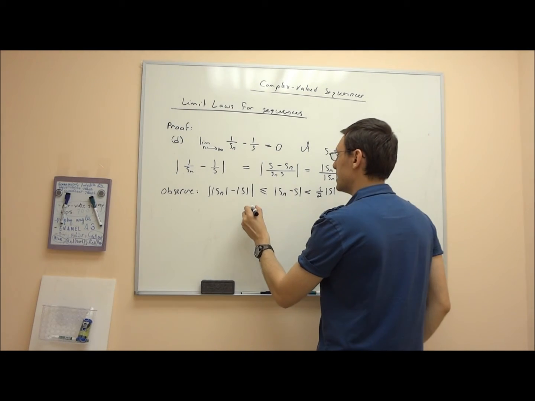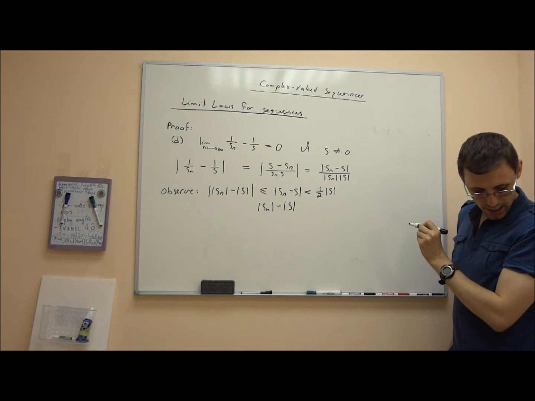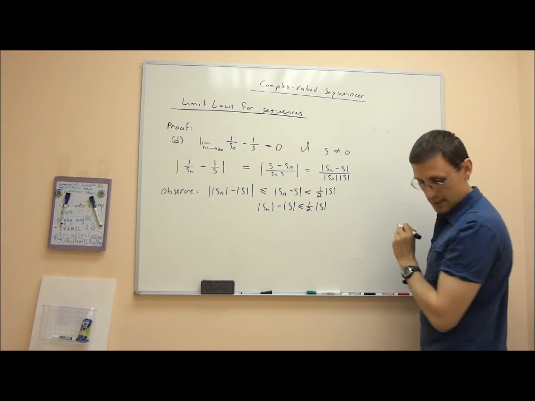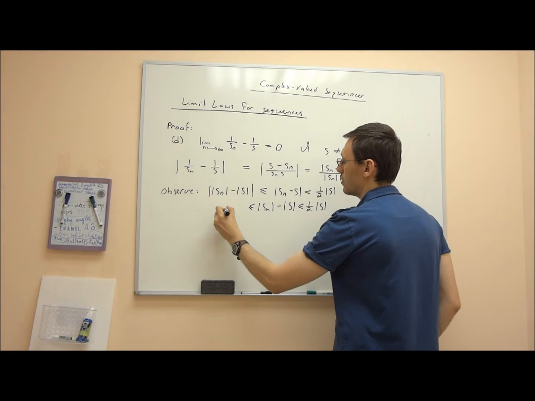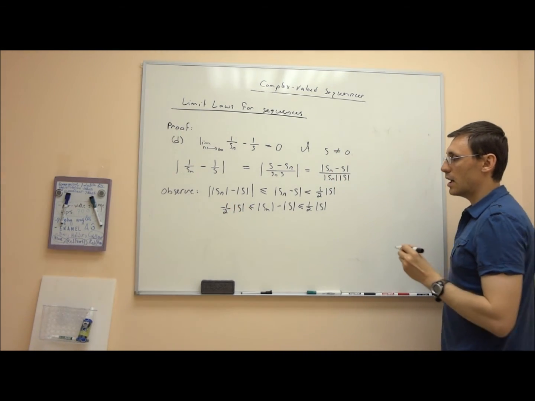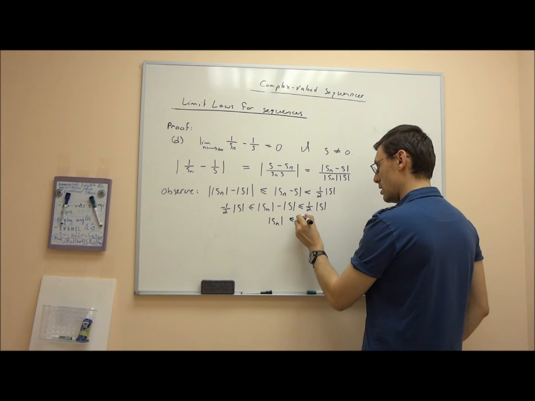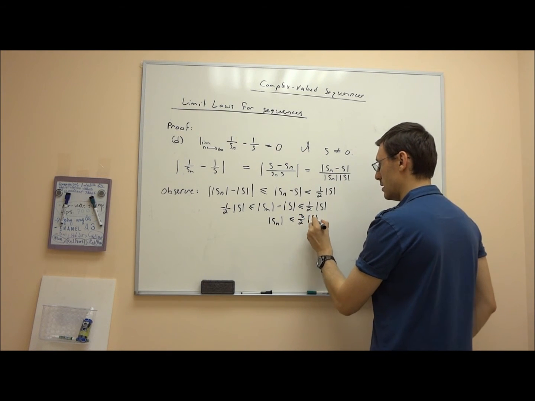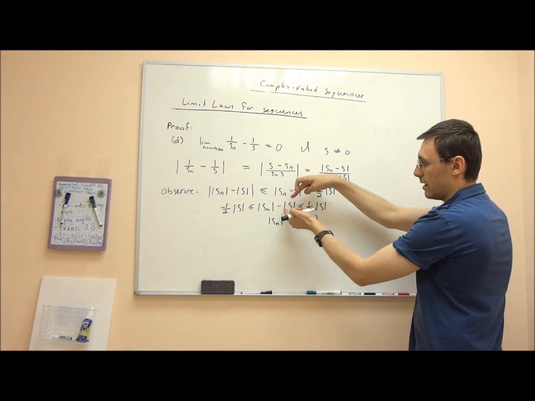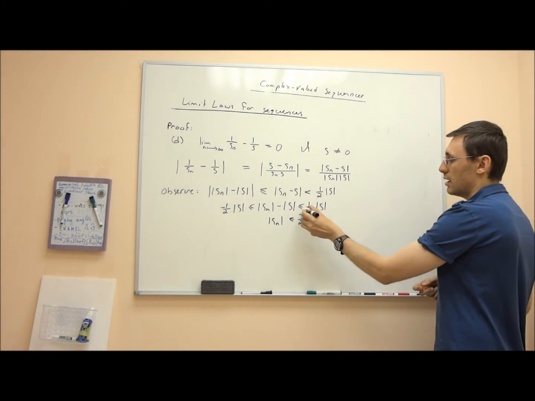So that implies that absolute value of Sn minus absolute value of S is going to be between 1/2 absolute value of S and bigger than or equal to minus 1/2 absolute value of S. And that means that absolute value of Sn is less than or equal to 3/2 absolute value of S. Again, what I'm doing, I'm just taking minus absolute value of S and adding to it absolute value of S to cancel it here, moving it across the inequality sign.